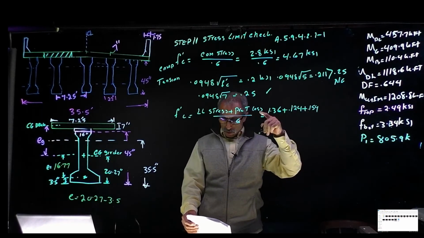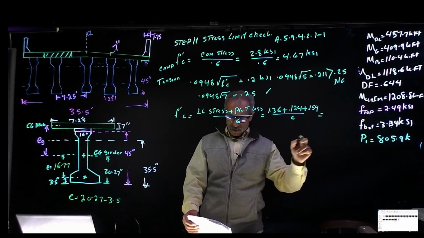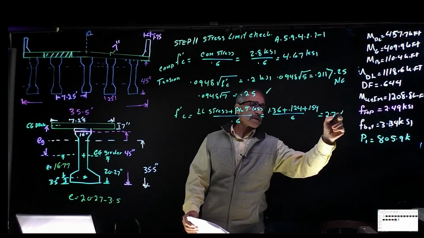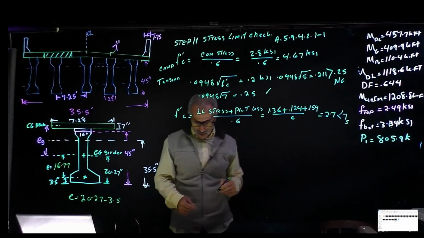If you go back to your notes, you find out where those come from. Divide by 6, and that's going to give us 2.7, which is less than the 7 or 5 we're going to use, and that checks out, it's okay.